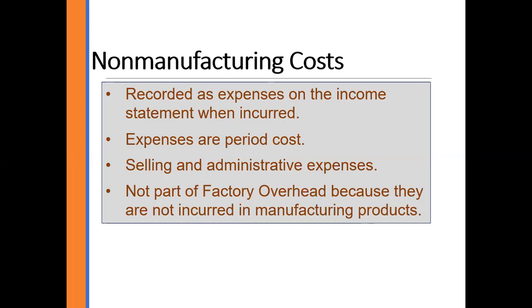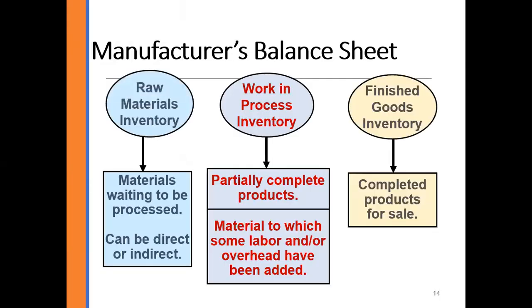So these relate to the administrative offices, the marketing departments, those types of expenses. Depreciation on the office equipment, rent on the office building or mortgage on the office building, things like that.